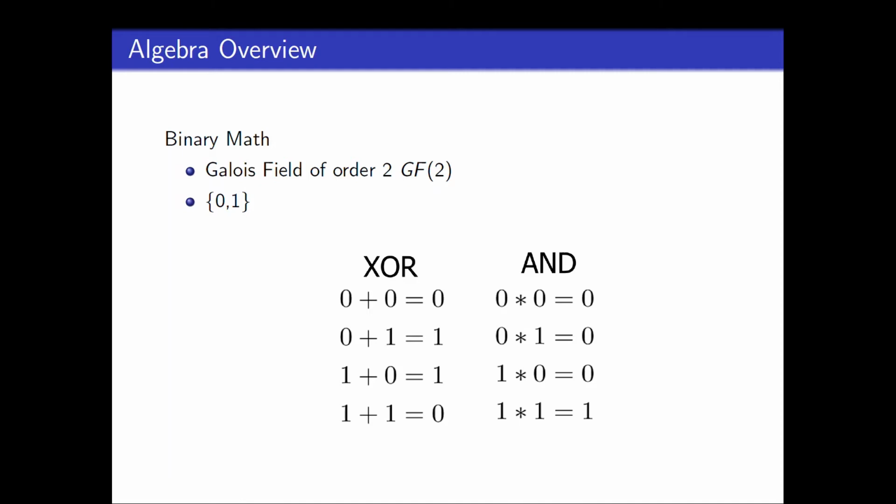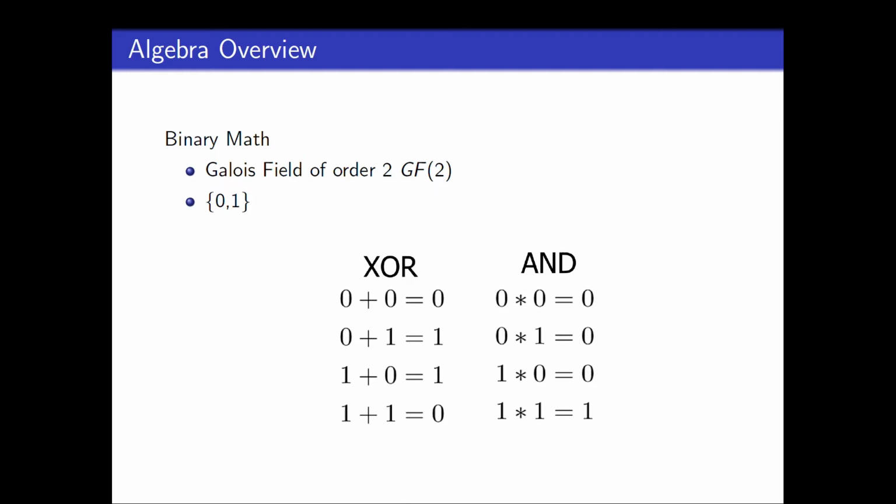So addition is defined as something that's called the XOR operation in computer science or with logic. Our result of this operation is 1 only if just one of our parameters is the value 1. So if we have 0 plus 0, there's no 1 in there, so we have 0.